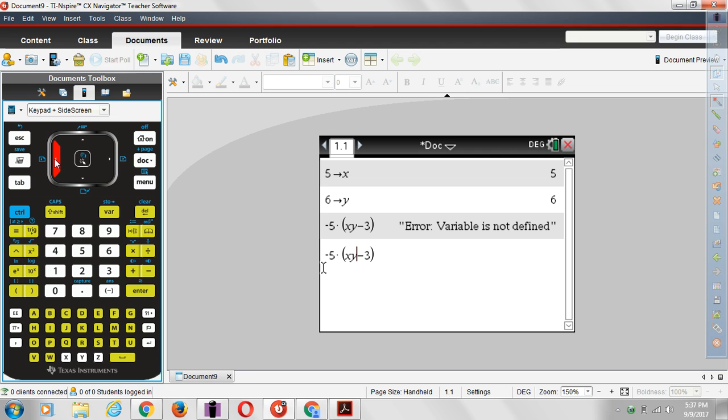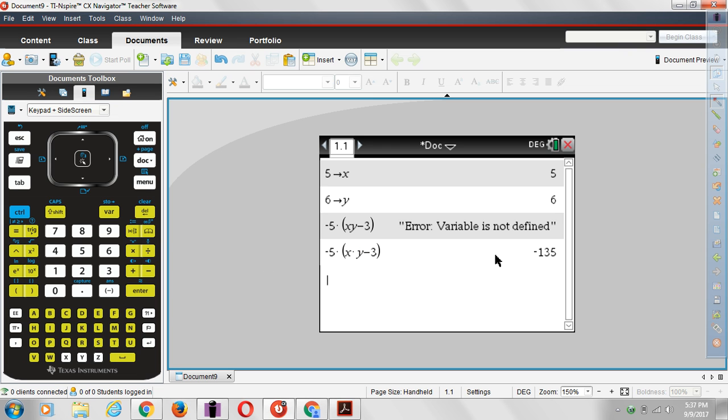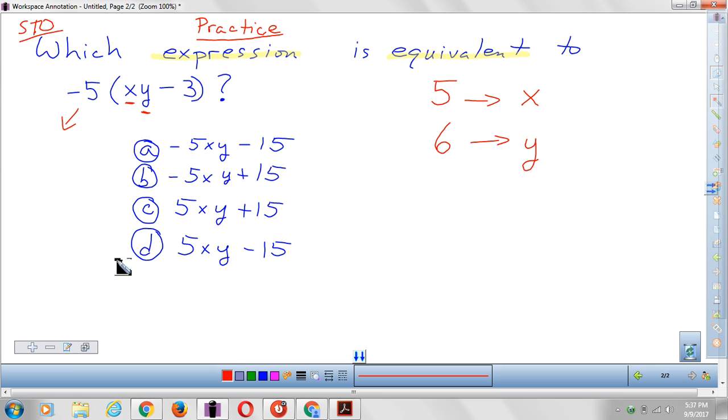Just like we practiced in the last video, if the x and the y are not dark, I can put a times in between, and now they will become bold. That's exactly what we want. Press enter, and I get the magic number, which is -135. I think that's our first negative magic number. But that's okay. It doesn't make a difference. You're just looking for a match.